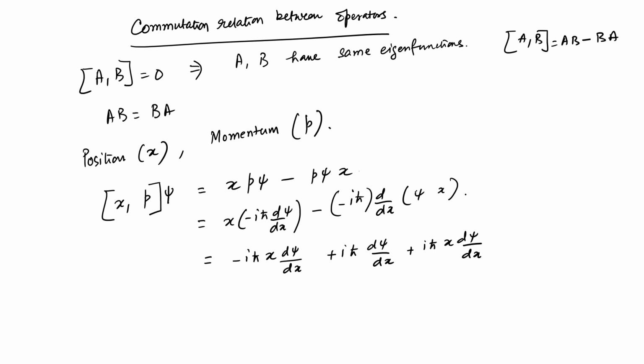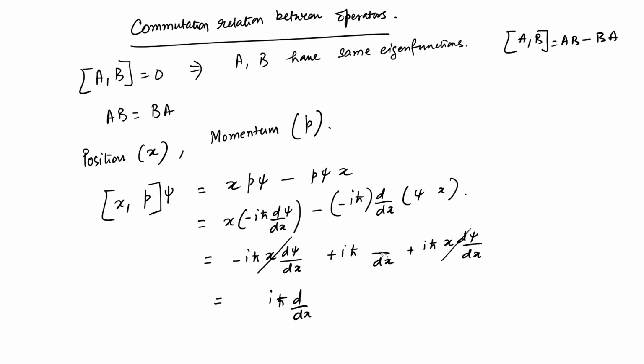Both ψ and x depend on x, of course, x depends on x. So, d/dx of x is equal to 1, that gives rise to this term, and the other term comes from keeping x constant and taking the derivative of ψ with respect to x. So, the first and the last terms cancel, giving rise to plus iħ, not minus iħ, and a d/dx of... I am sorry, I have written it.